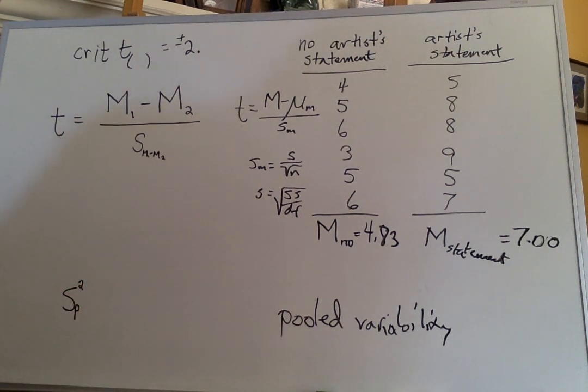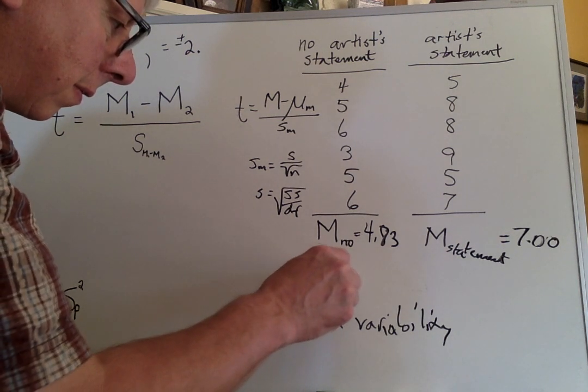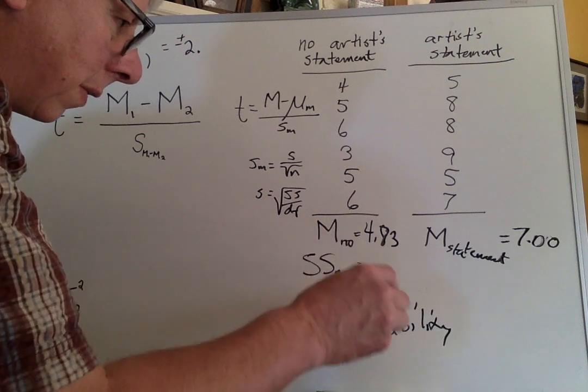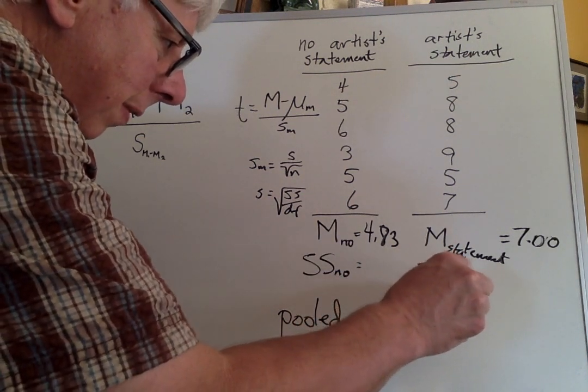What do I mean by pooled variability? Very important concept. We're going to get the sum of squares for the no statement group, and we're going to get the sum of squares for the statement group.